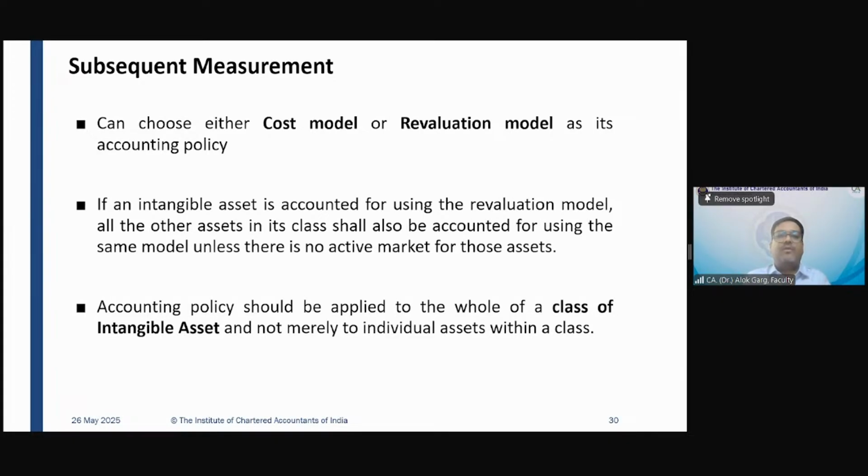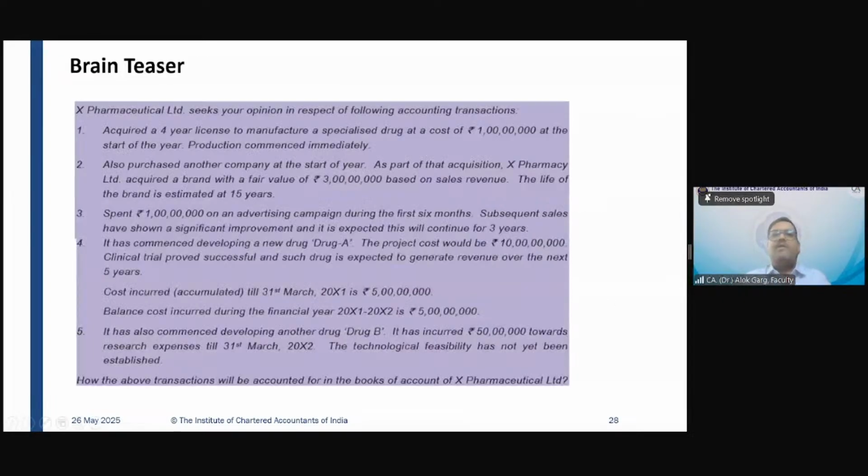Question number 4. This question number 4 is a study material question, and it is in my presentation also. I hope my presentation is visible. Yes, sir, it is visible.